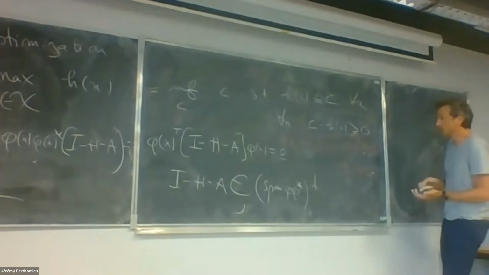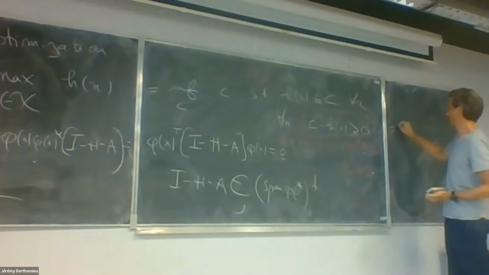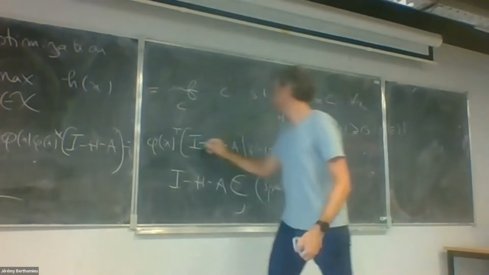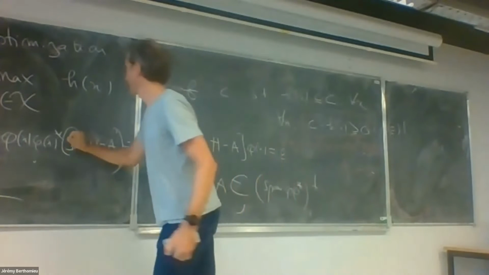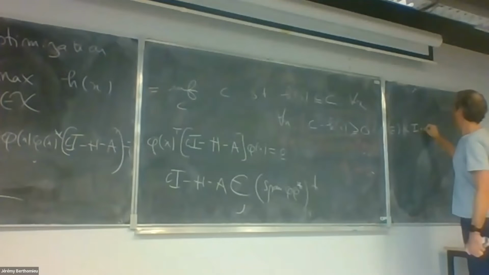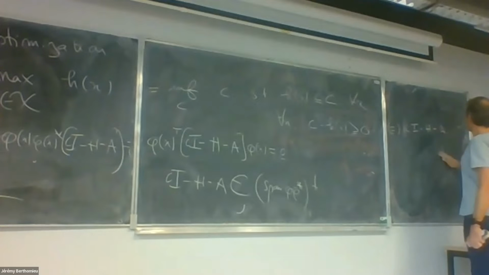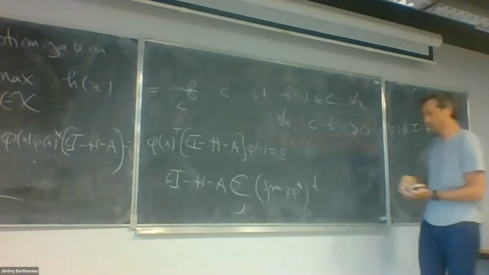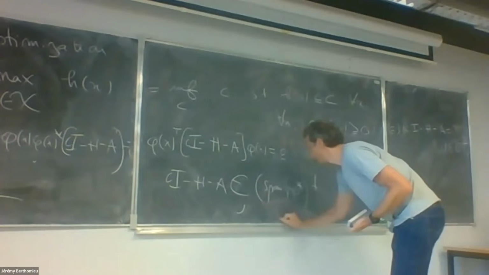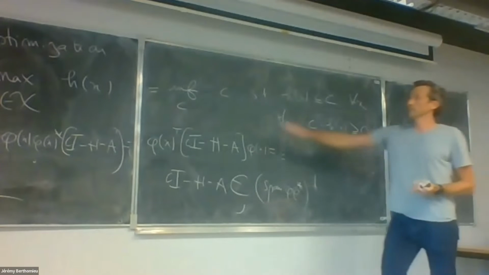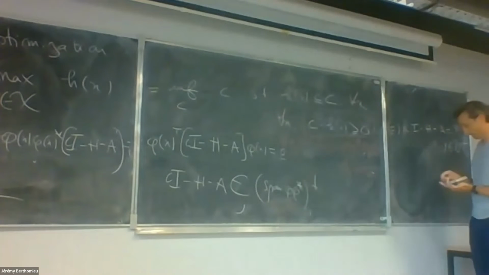You can rewrite this essentially as identity minus h minus A equal to y, for y in the orthogonal, which I call B. So I take the infimum of C or something like that.